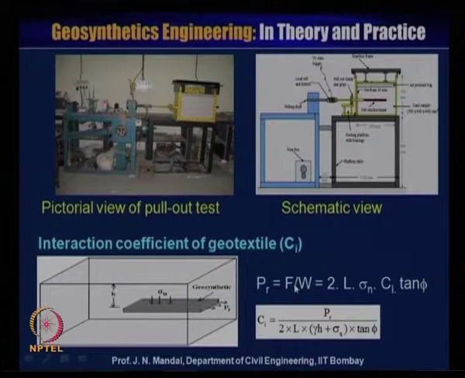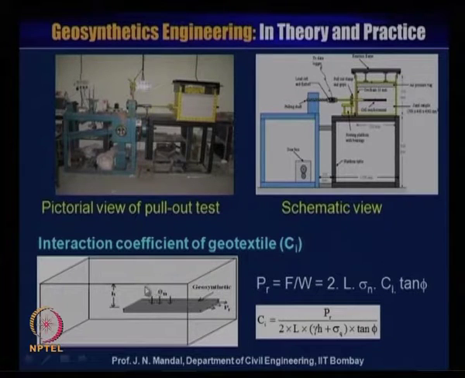So PR is equal to 2 into L into sigma n into Ci into tan phi. Ci into tan phi is like tan delta, and sigma n is the normal stress.